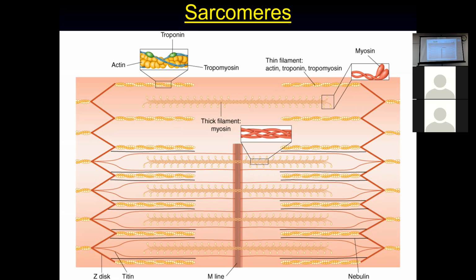I cannot remember if I have a picture in the next slide or not, but an individual molecule of myosin looks like this. It actually has two globular heads, but it's got a thing that kind of looks like this. This back end of the myosin is called the tail region, and this is called the head region up here.